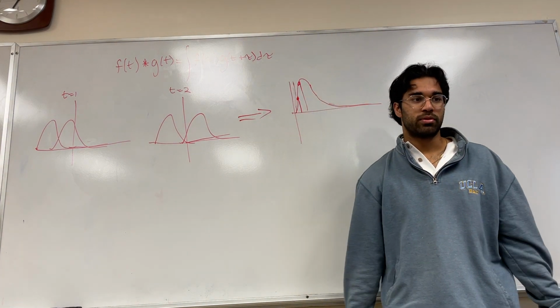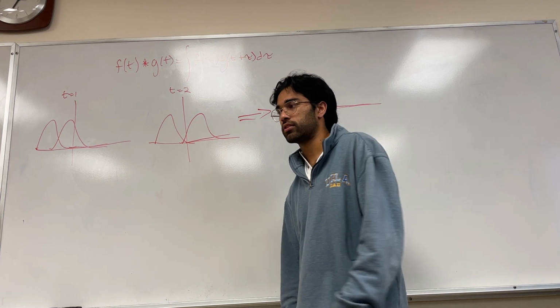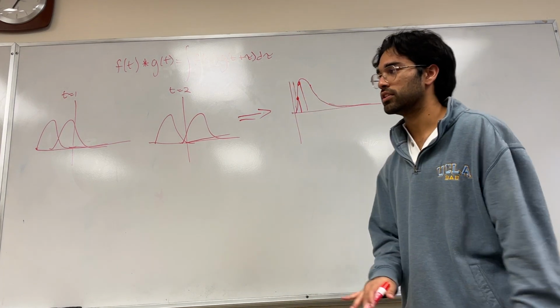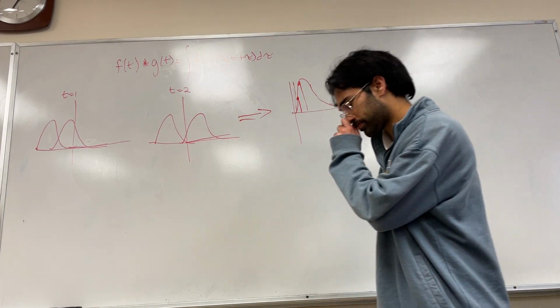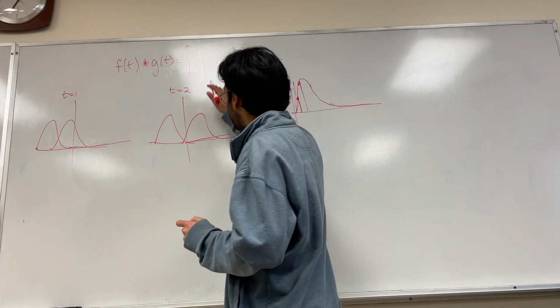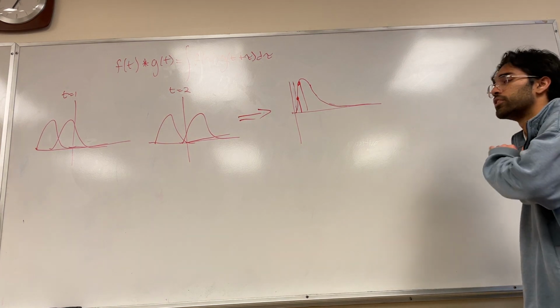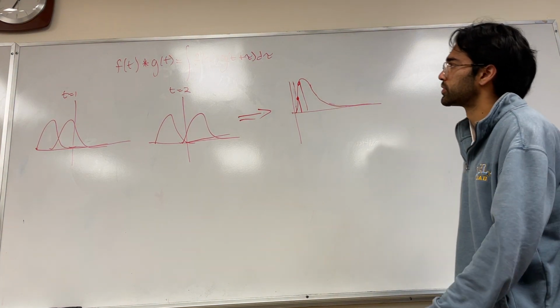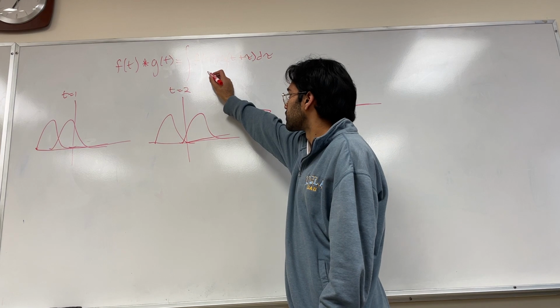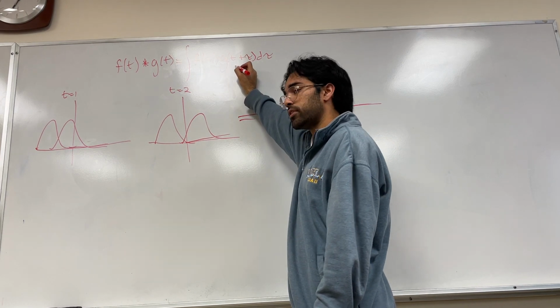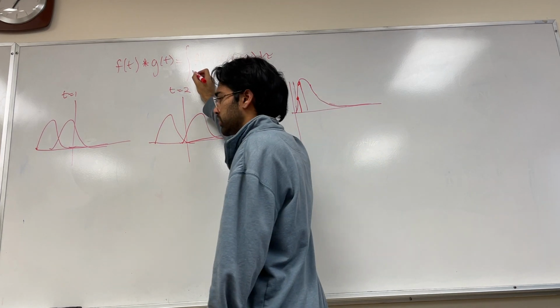That's the computational part, but I also want to stress a little more intuition on the underlying math. First thing you want to do is look at the form of this, and say your t is fixed. You have some function f, times some function g, and you integrate that.